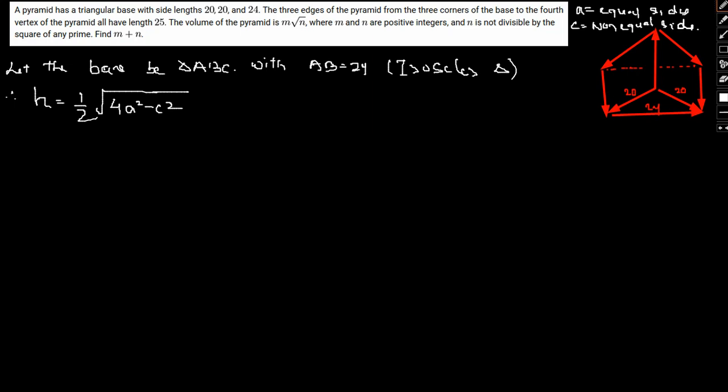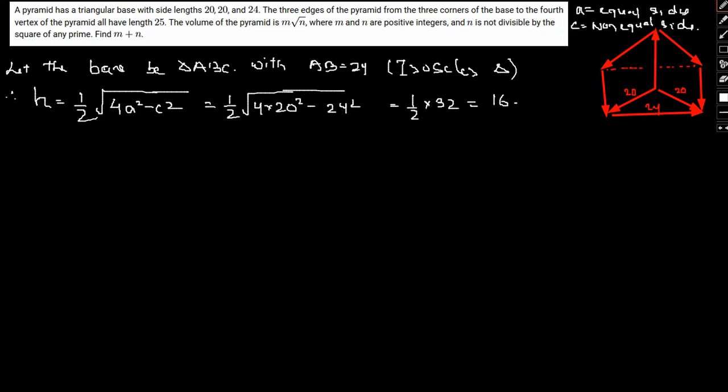Solving this, we have 4 into the equal sides, 20 square, minus 24 square. Solving further, we get half into 32, so the height is 16. I hope this much is clear.